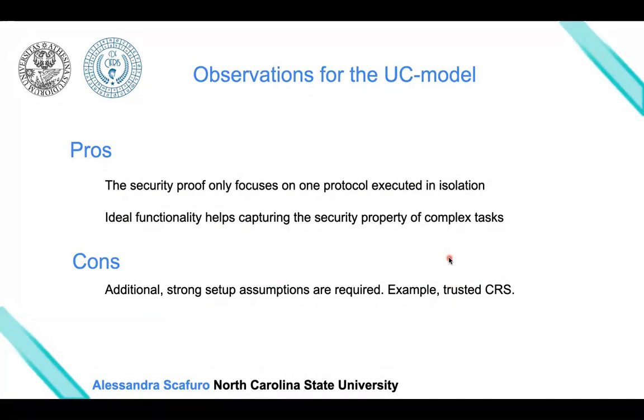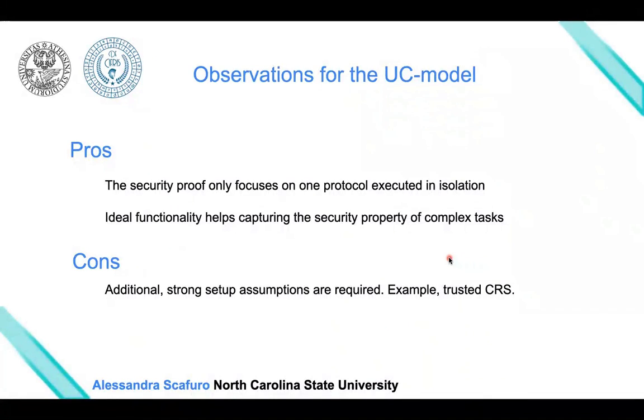And this assumption helps in the proof of security, because in the proof we can assume that the simulator, which is just a mental object, has access to trapdoors that real parties don't have access to in the real world, because a trusted party will never give access to this trapdoor.